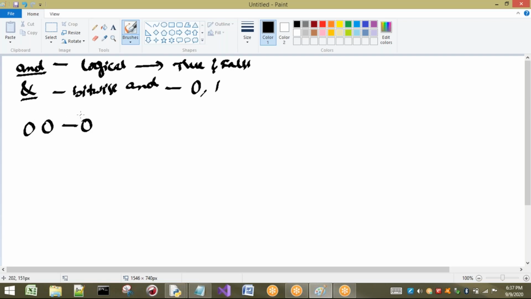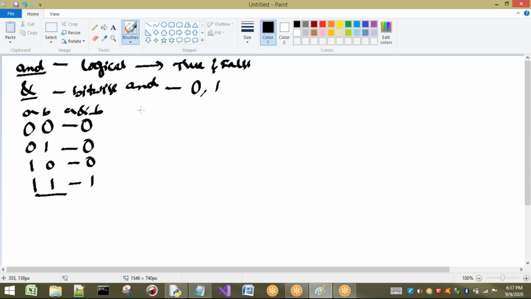I am talking about AND. This is A, this is B, result is A and B, for example. So 0 1, answer is 0. Next one 1 0, answer is 0. 1 1, answer is 1. Compulsorily these rules have to be understood if you want to understand bitwise AND. If 1 1 is there, answer is 1.